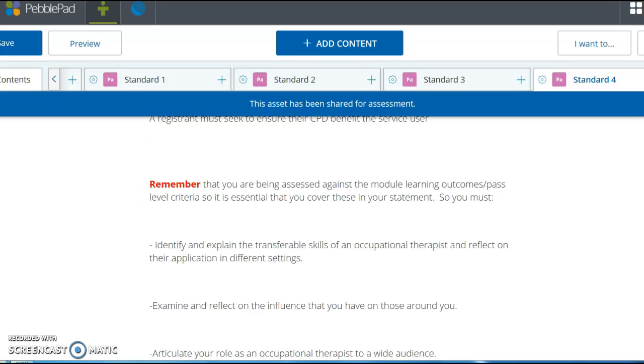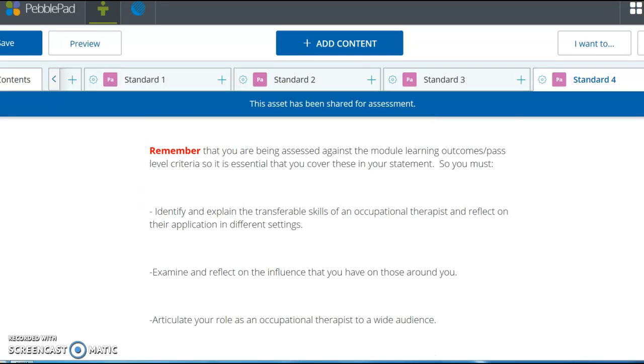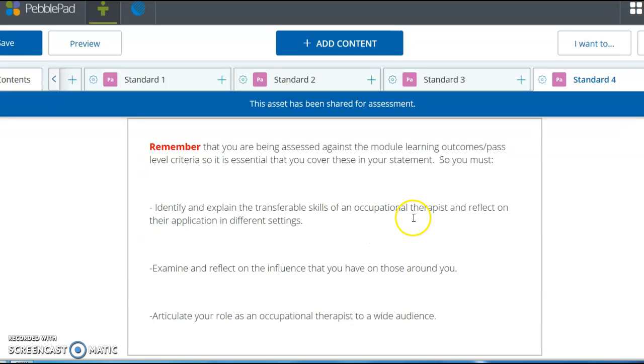So what people usually find quite difficult with this, when they're talking about the standards, is remembering to integrate and include the learning outcomes. So what I would do if I was writing this assignment, after I'd written it, I would copy and paste it into a Word document, or I'd print it out, and I would highlight where I've linked it to learning outcomes.